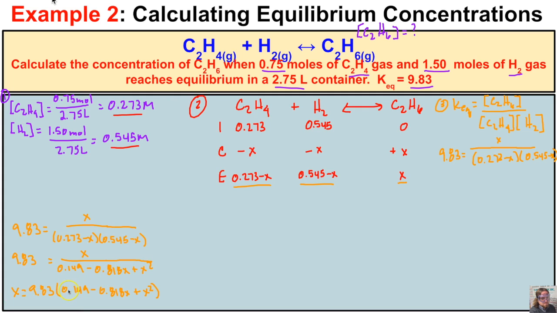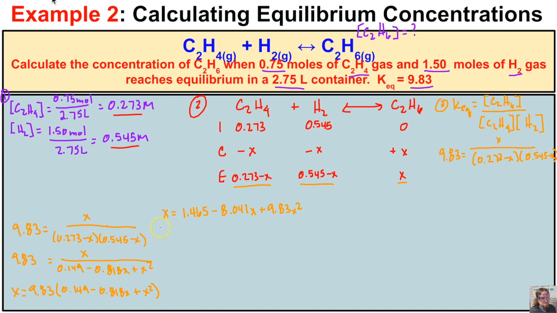And when we distribute the 9.83 to each one of these, we're going to end up with x equaling 1.465 minus 8.041x plus 9.83x squared. And so now we're starting to see that this looks like a quadratic formula, right? We have x squared here, we have x here, and we have a number right here. So let's go ahead and figure the rest of this out.